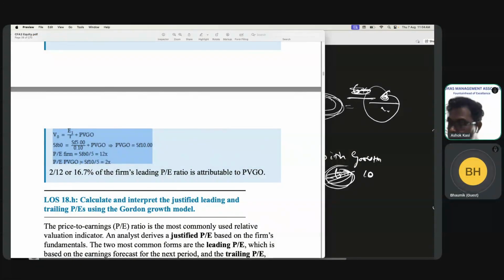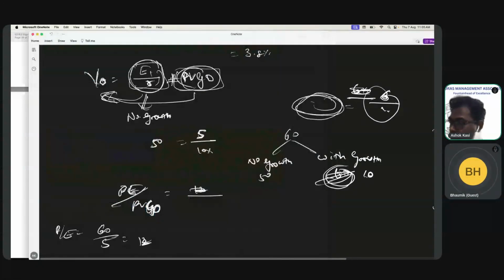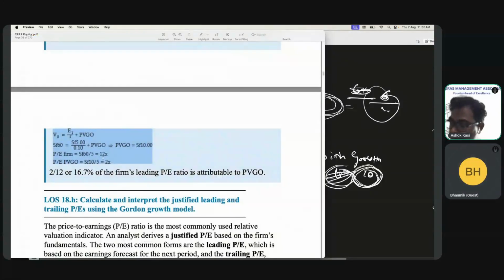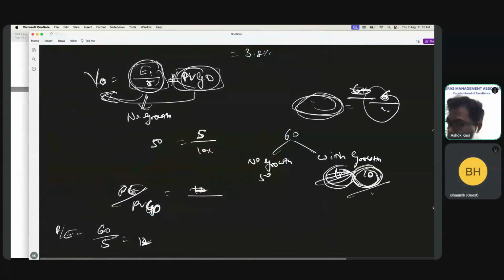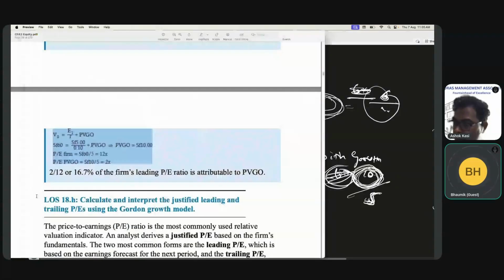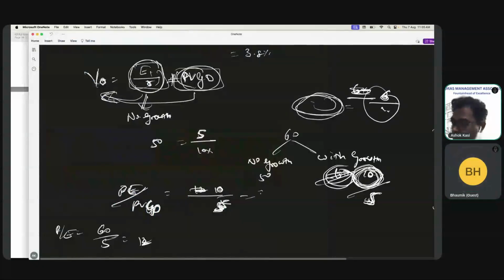How you should understand is this 10 rupees extra is for the earning growing at the rate of 5 rupees. So market is giving extra 10 rupees for 5 rupees. Then that comes to extra 2 rupees the market is paying for every one growth.